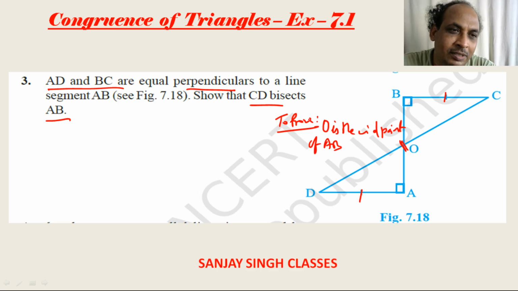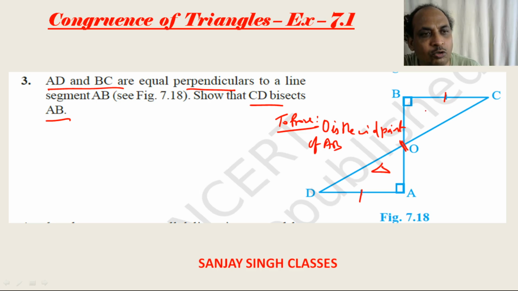of AB. Okay, right. So if we prove this triangle as congruent to this triangle, the sides will become equal. AO will become OB, so O will be the midpoint. Then OD will become OC.